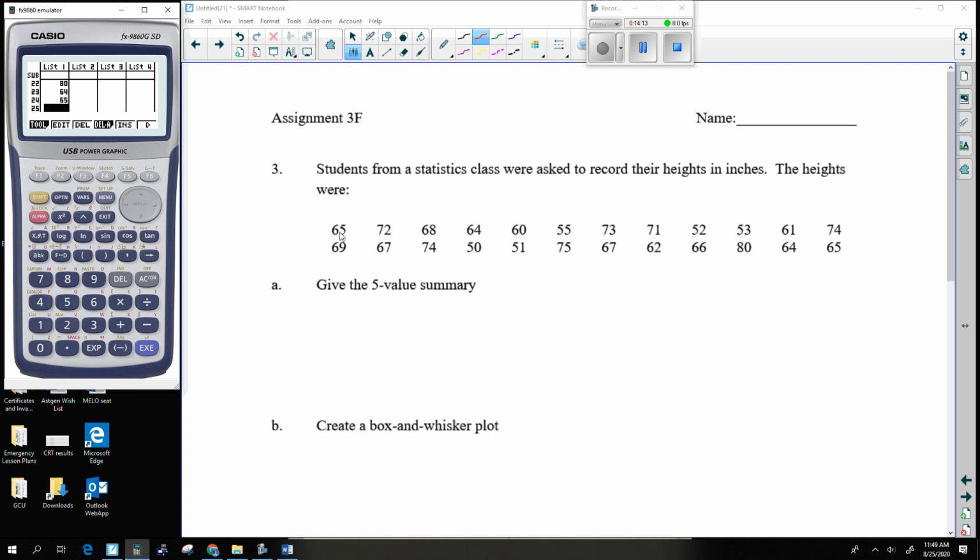I have 24 numbers, 1, 2, 3, 4, 5, 6, 7, 8, 9, 10, 11, 12 pairs: 24 numbers.